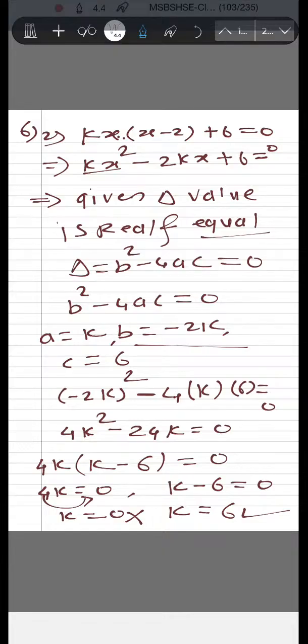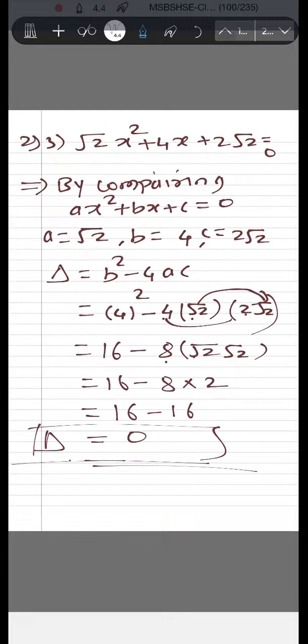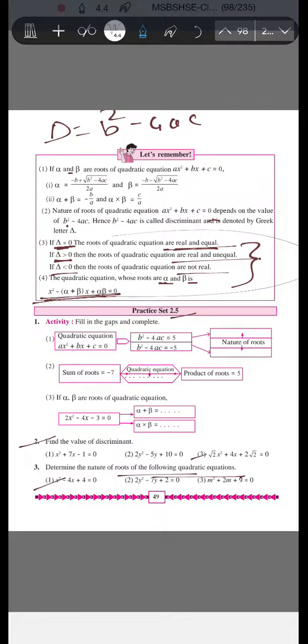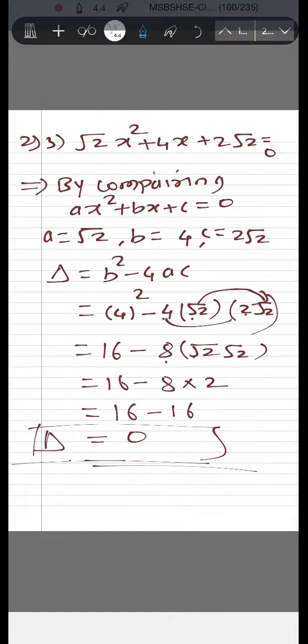Okay, hopefully you have also understood the same questions, and you don't have any doubt from practice set 2.5. Almost all types of questions I have already taken. So if you still have doubt, comment down below, I will take that question again.